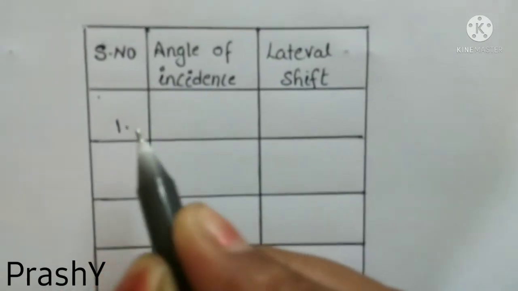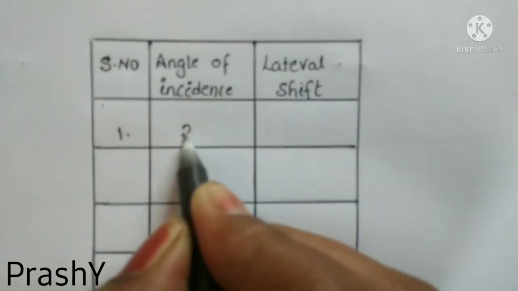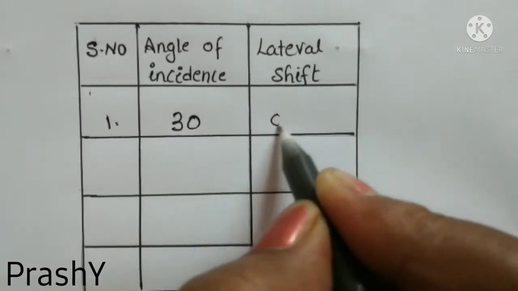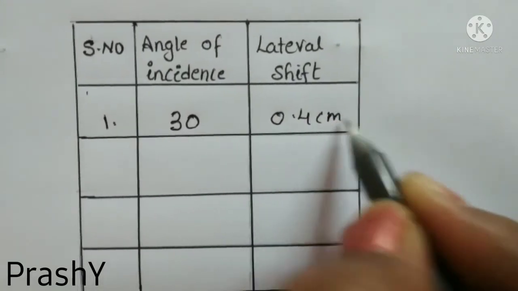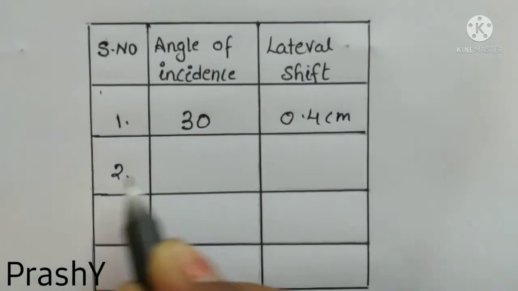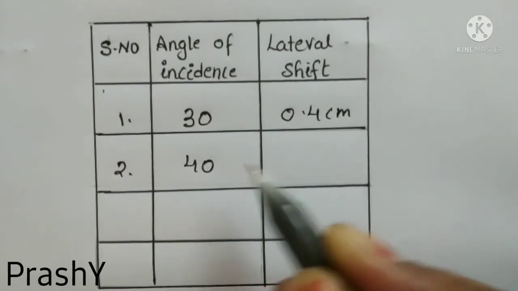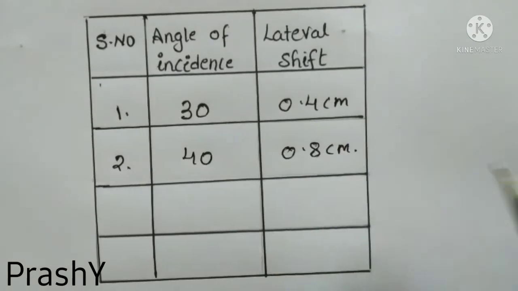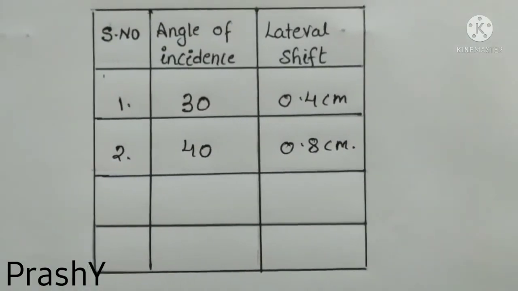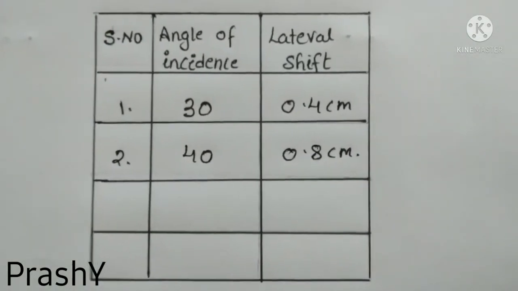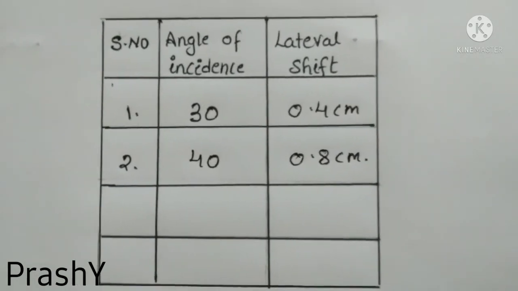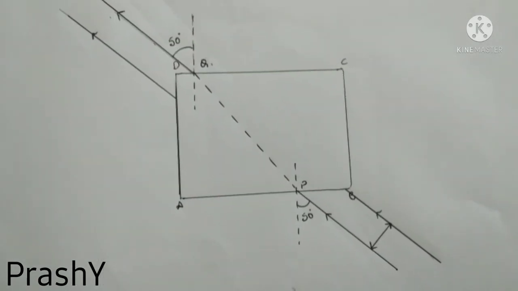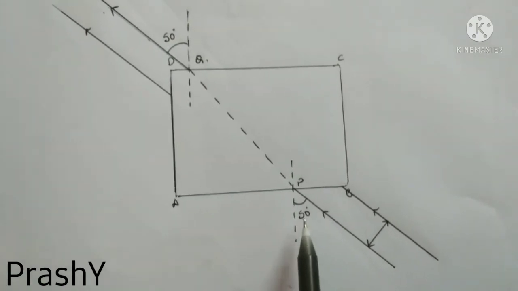So let us tabulate the observations. For the first angle of incidence, 30 degrees, we got the shift to be 0.4 centimeters. For the second, an angle of incidence of 40 degrees, we have got 0.8 centimeters. Now let us repeat the same process for an angle of incidence of 50 degrees.